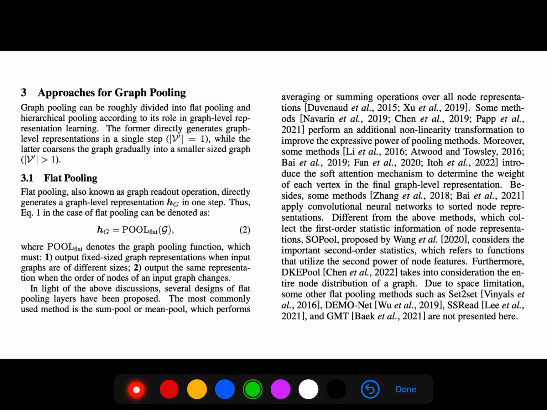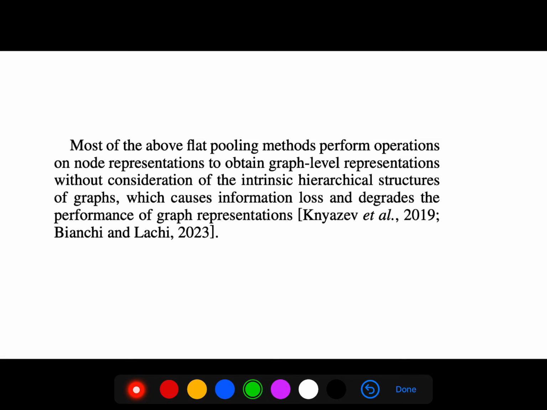So in light of the above discussion, several designs of flat pooling have been proposed.